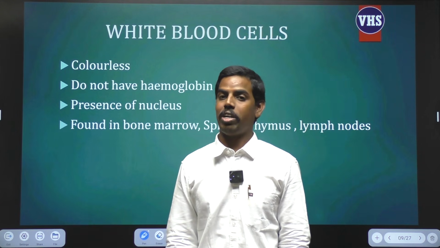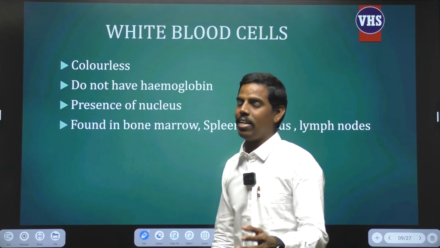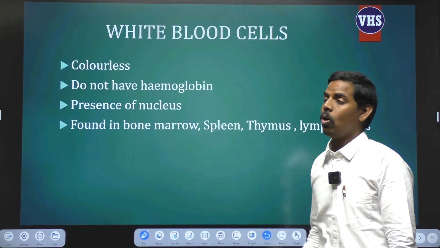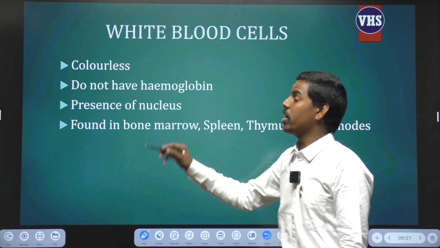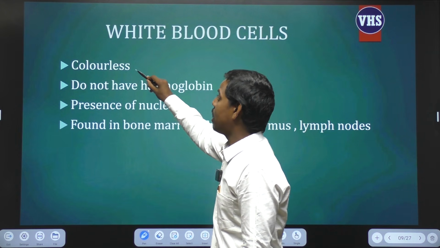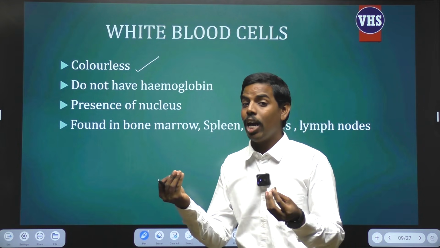White blood cells. What are white blood cells? Otherwise called leukocytes. Leuko means white, cyte means cells. White blood cells are otherwise called white blood corpuscles. Red blood cells are red in color, but white blood cells are colorless. They do not have hemoglobin.